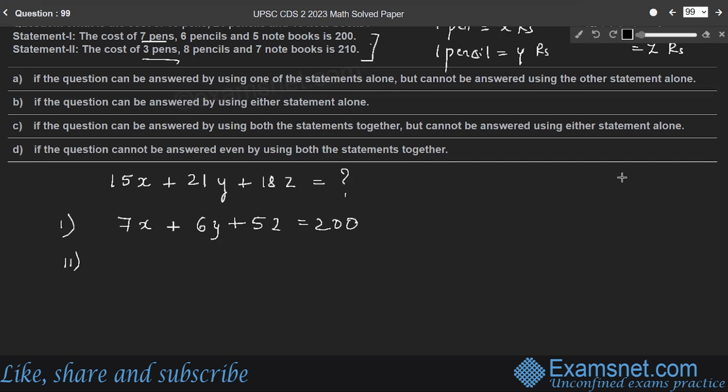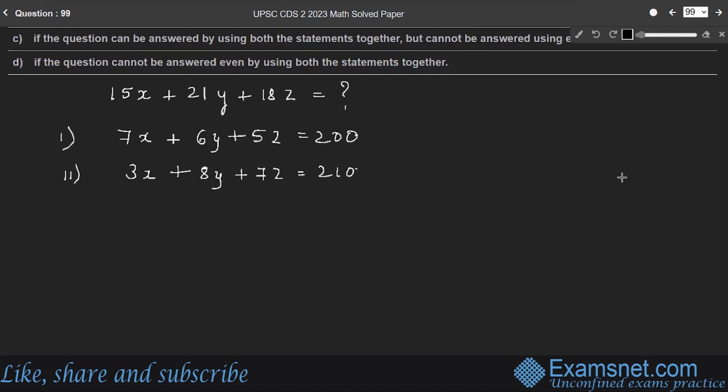Cost of 3 pens, 3x, plus 8 pencils, 8y, plus 7 notebooks, 7z, is equal to 210 rupees. So we'll add these two equations. So when you add, you will get 10x plus 14y plus 12z is equal to 410.